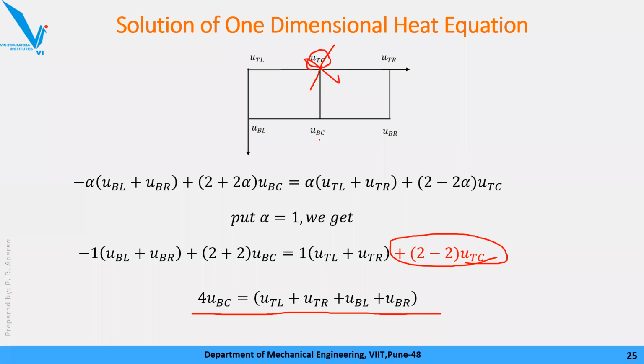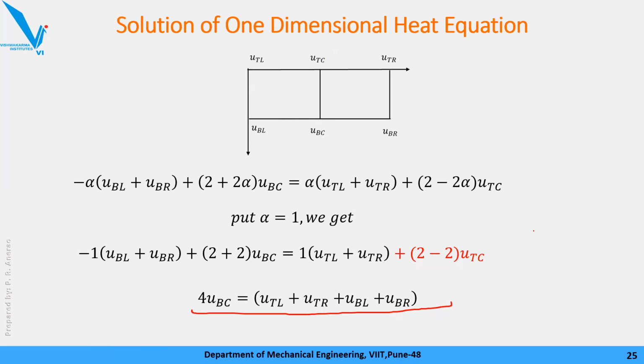But देखो, if you would like to calculate this central bottom point, it's the average of these 4 points, remaining 4 points. See, 4 times UBC equal to summation of all these data points. That's it. Okay, so you can take an average, but मैंने directly average वाला formula नहीं लिखा, because there might be some confusion. Standard formula, फिर diagonal formula. So इससे अच्छा है क्या करो? You can use this formula.